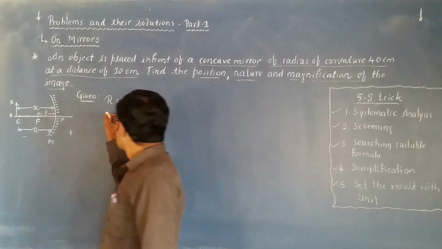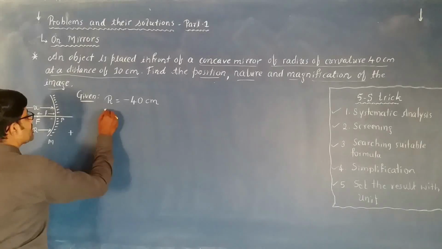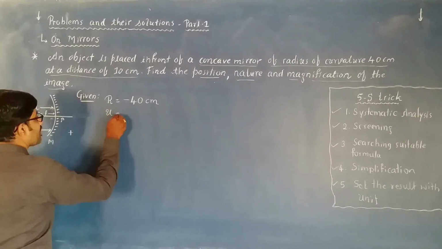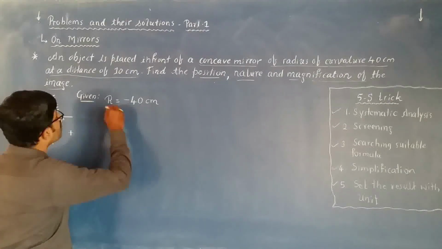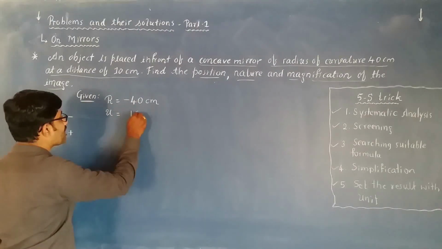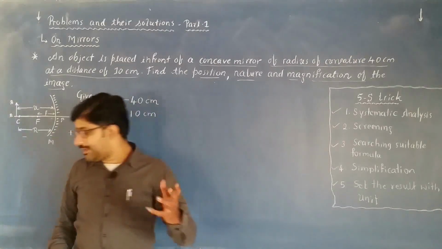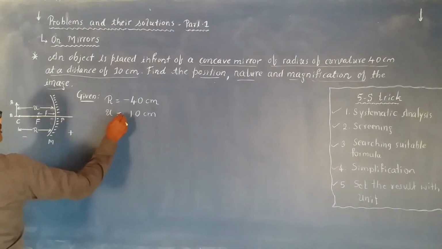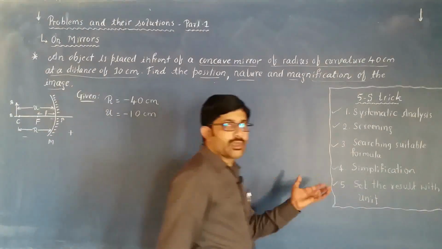Okay, so radius of curvature is taken as minus 40 centimeter, and object distance U, that is given again, will be equal to 10 centimeter. Again the question arises, is this plus or minus? Yet again this will be minus because it is on the left hand side of the mirror.